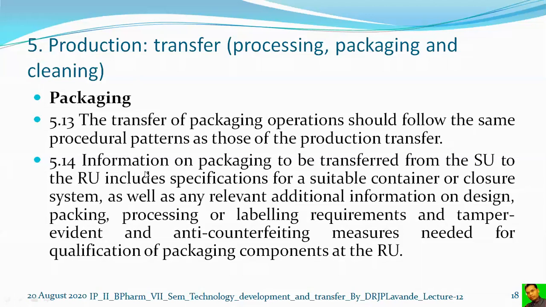The 5.14 tells us that the information on packaging to be transferred from the sending unit and the receiving unit includes specifications for a suitable container or closure system. The same which is to be followed by the sending unit should be adopted by the receiving unit, as well as any relevant additional information on design, packaging, processing and labeling requirement and tamper evident and anti-counterfeiting measures needed for qualification of packaging component at the receiving unit.